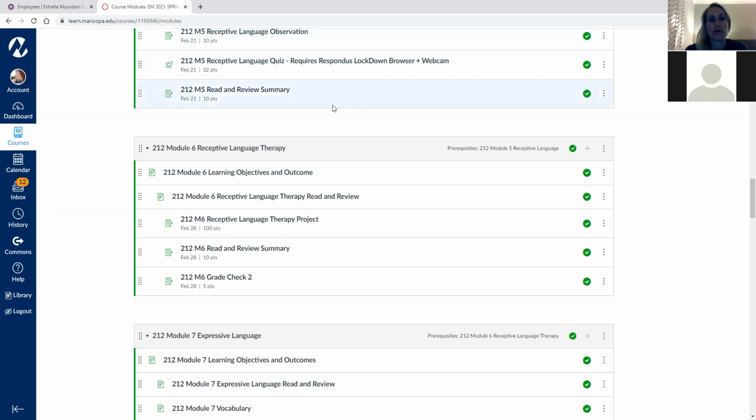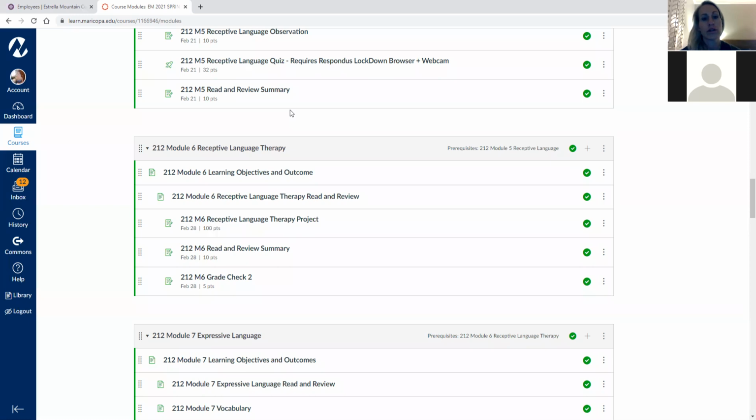So last week we talked about receptive language, and we did an overview. Like I said, I feel like language in and of itself is hard to delineate between the two. Typically speaking, though, receptive language develops and then your expressive language develops. So that's the starting point for many of our language goals when we're providing services for language.